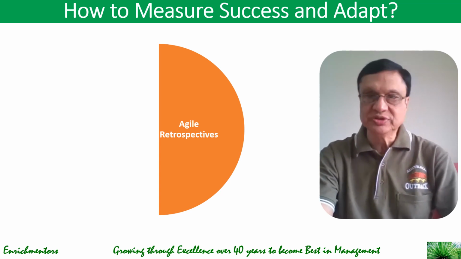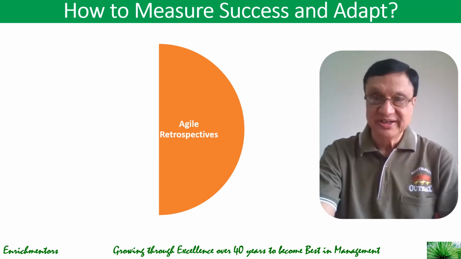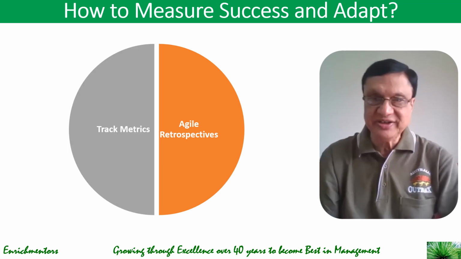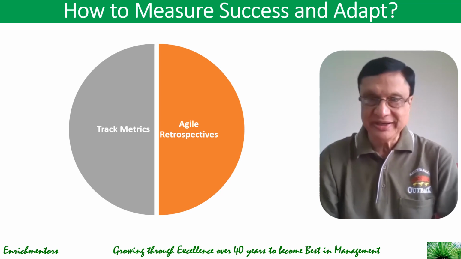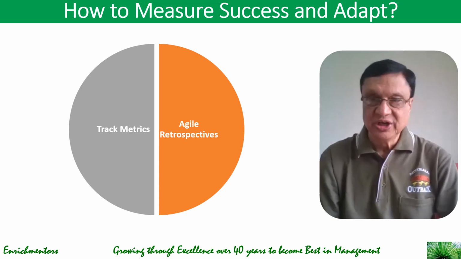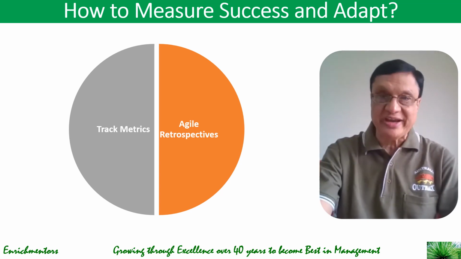Then you use these insights to continuously enhance your processes. Second, track specific KPIs and metrics to measure the impact of Agile HR, such as employee engagement, recruitment speed, or employee satisfaction. You can use these metrics to drive continuous improvement. So these are the two key ways.